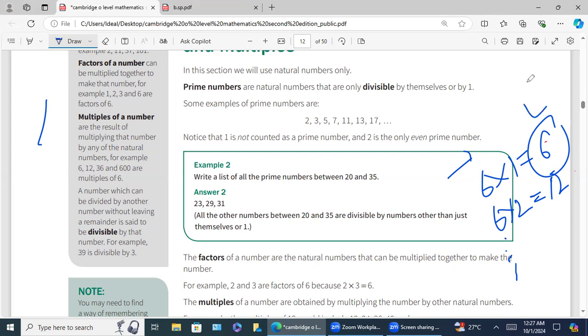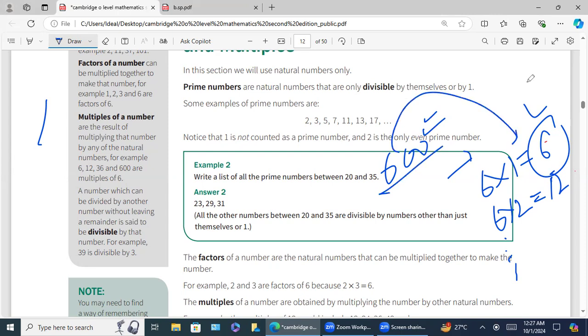For example, we have 600. How can we check whether 600 is a multiple of 6 or not? Simply we divide by 6, and we get 100.